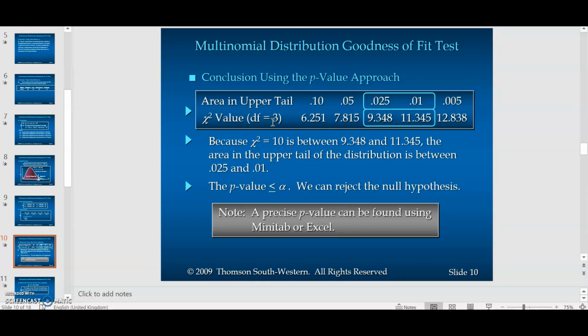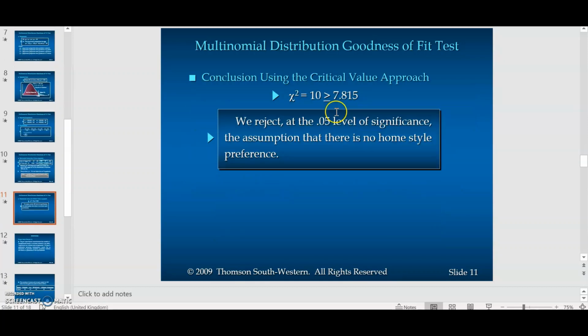The second method that we can use to make a conclusion is the critical value approach. Comparing the critical value with the statistical value is quite straightforward, because we know that our chi-square statistical value is equal to 10.